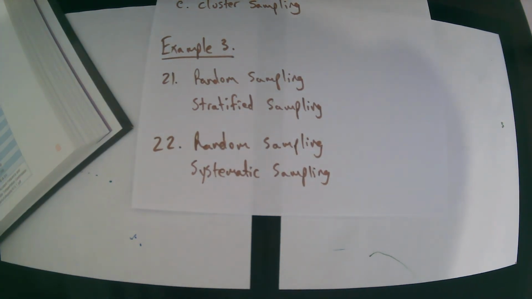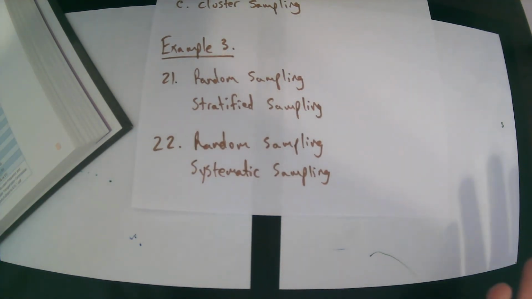It's for a skin disease, so maybe we would want to sort them into different skin tone groups and then randomly select from each of those groups, but we don't have any information about that. So I don't think stratified sampling would be one of the best answers here.